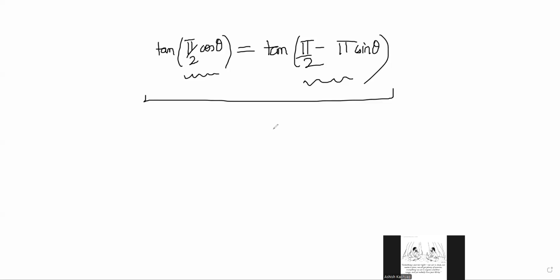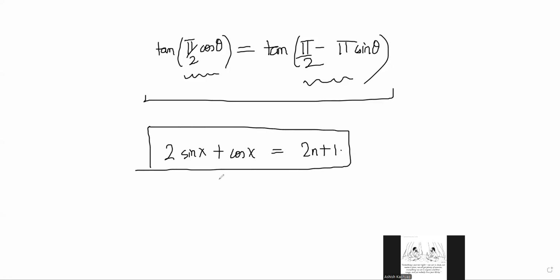Once we wrote the general solution, we were able to cancel the pi by 2 and all and get an equation something like this: 2 sin x plus cos x is equal to 2n plus 1. This equation has some solutions, but not for all integers. Do you understand what I'm saying?